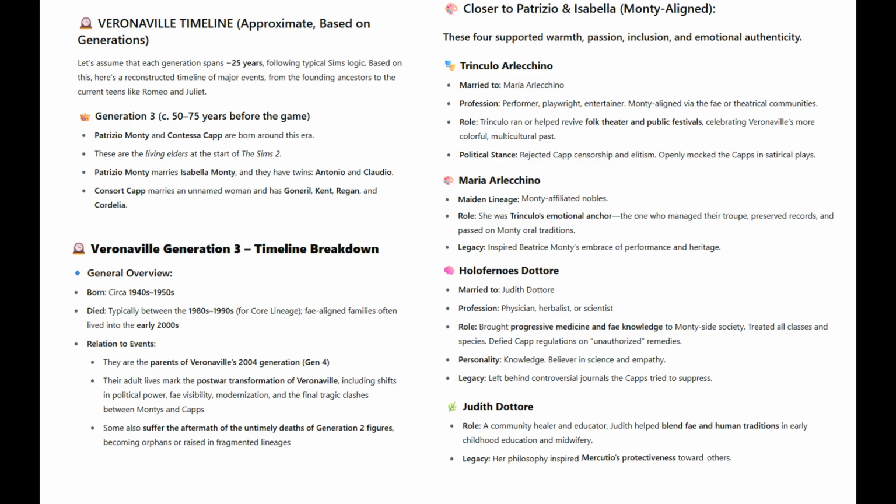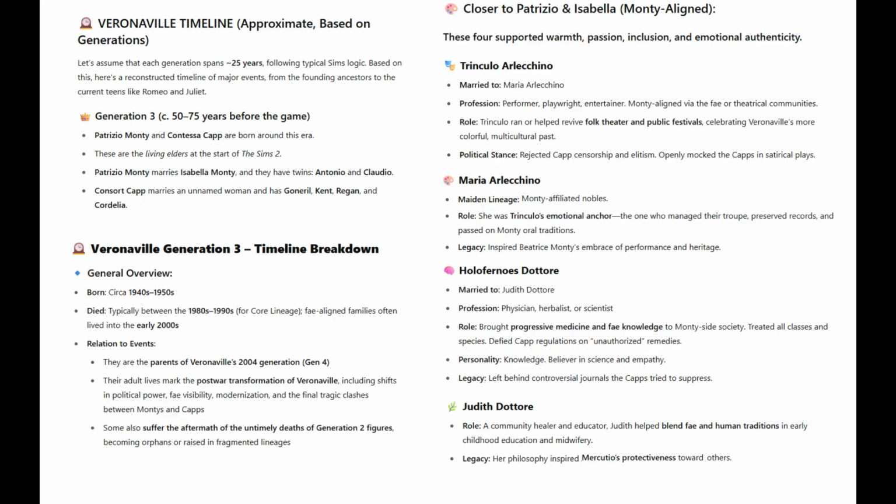So, Tranquillo Arlecchino was most likely some sort of performer, playwright, or entertainer, and was very Monty aligned. He could have ran or helped revive the folk theater and public festivals, celebrating Veronaville's more colorful, multicultural past, and he rejected Cap's censorship and elitism while openly mocking the Caps in satirical plays.